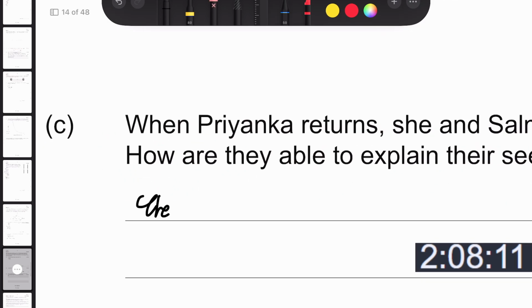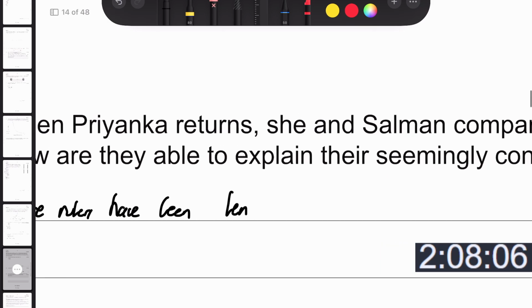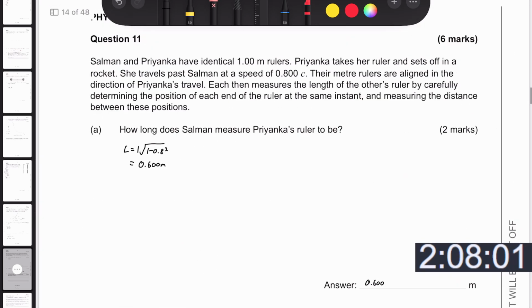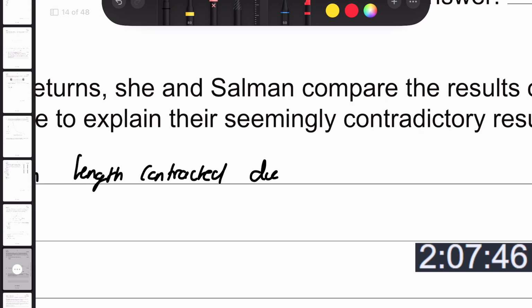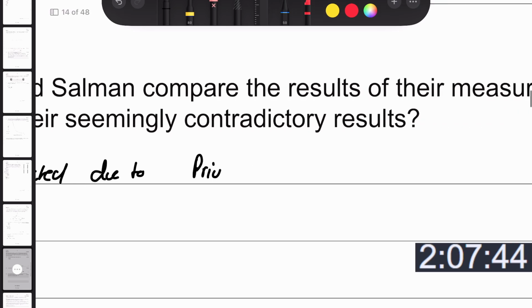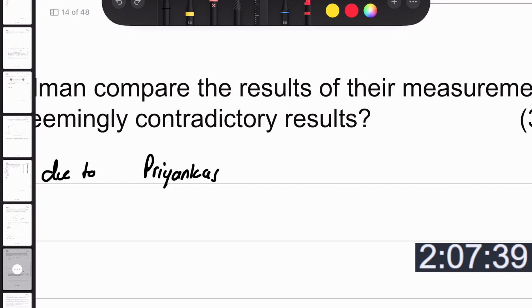The rulers have been length contracted due to Priyanka's relativistic velocity.